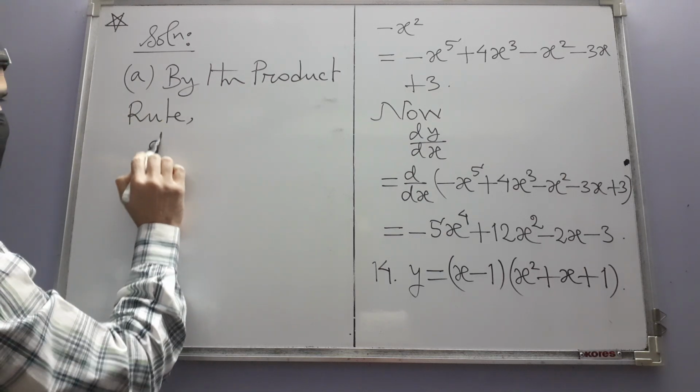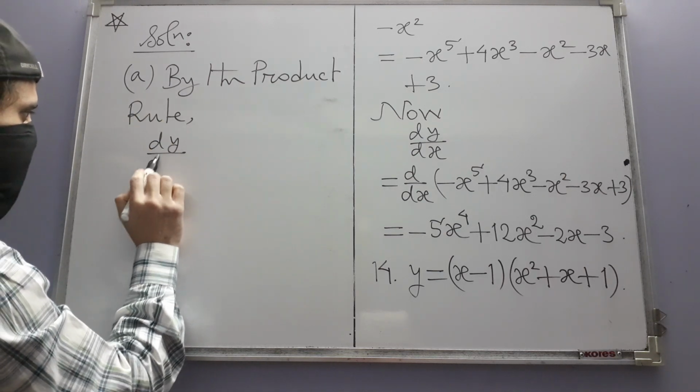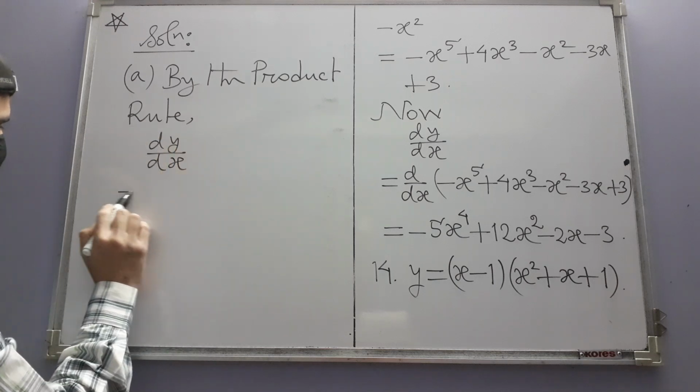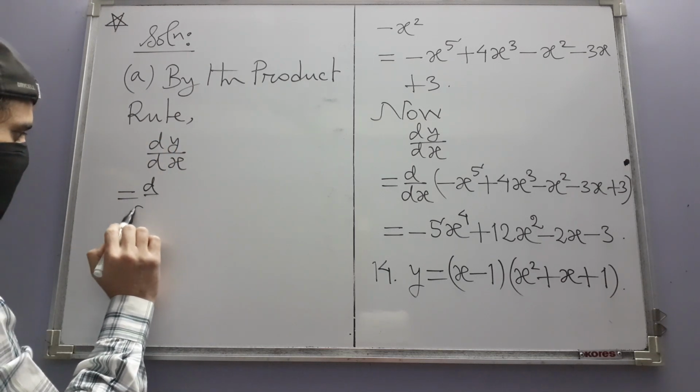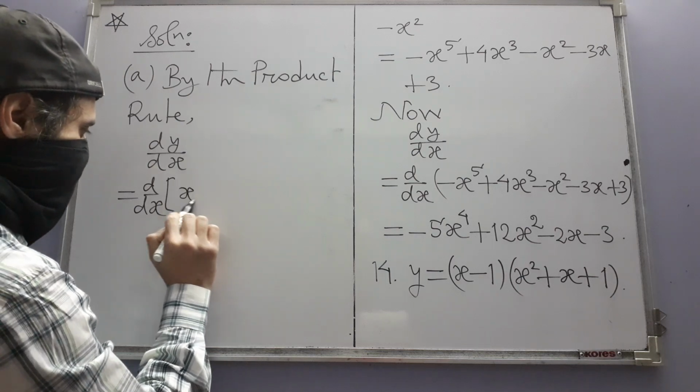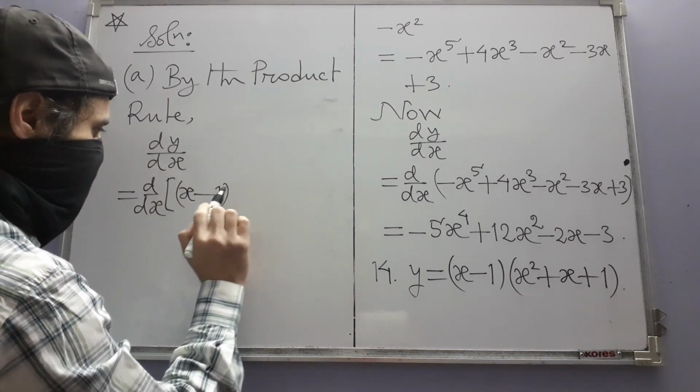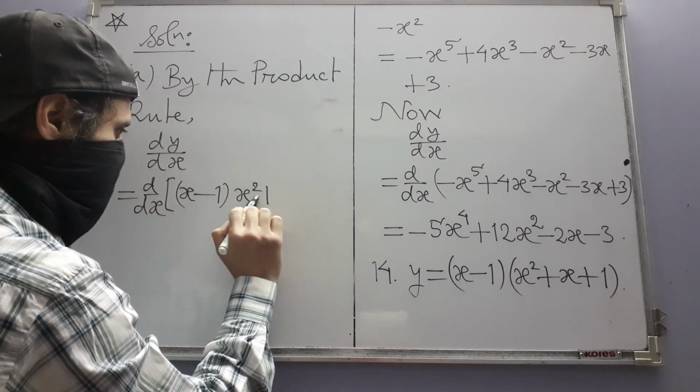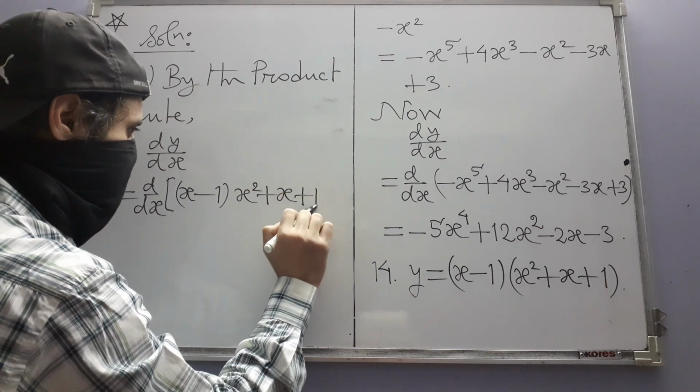By the product rule, dy dx is x minus 1 times x square plus x plus 1.